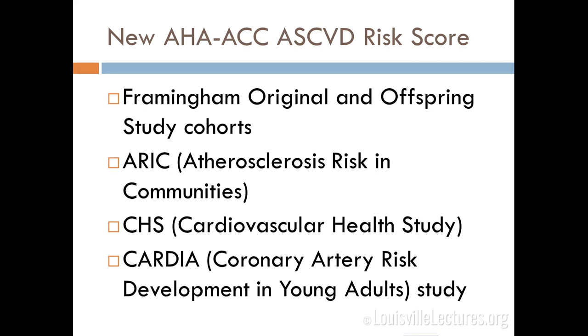They measured all their baseline risk factors, and they followed them for a decade or more to see who would have a cardiovascular event. And then they could retrospectively look back and say, well, who was at risk for having these events? The new cohort, sometimes called the pooled risk score, used all of these cohorts and looked at patients that were followed for 10 years to devise their new risk score.